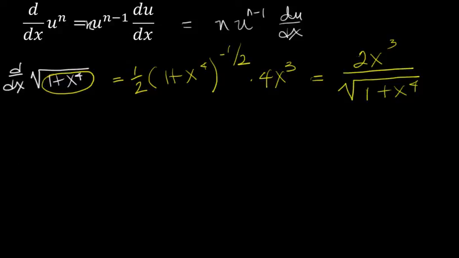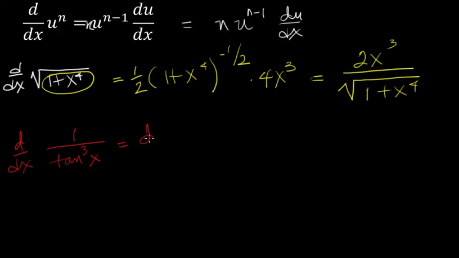Let's do another example. Do it in a different color, red. Let's say we want to find the derivative with respect to x of 1 over tan cubed x. So I'm thinking of this as 1 over u cubed, or u to the minus 3.